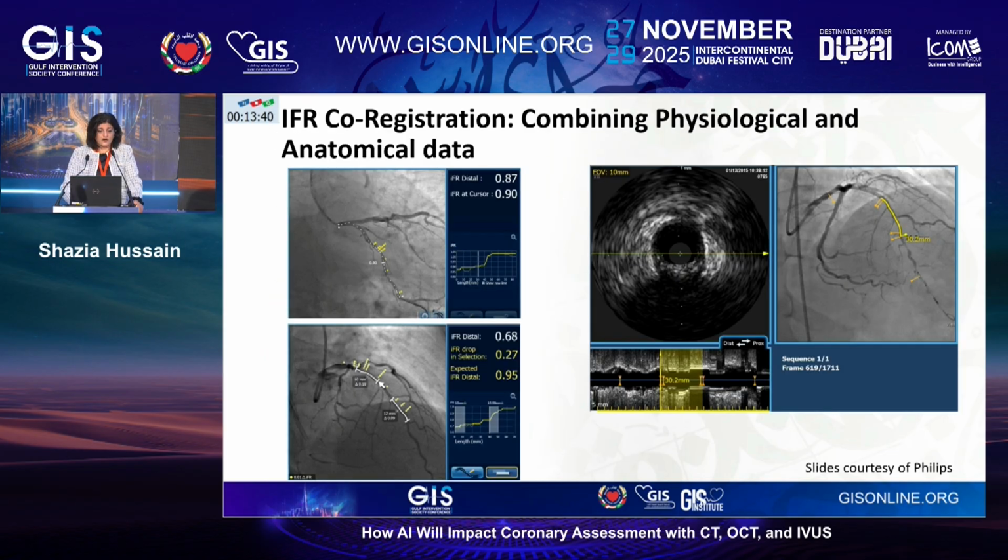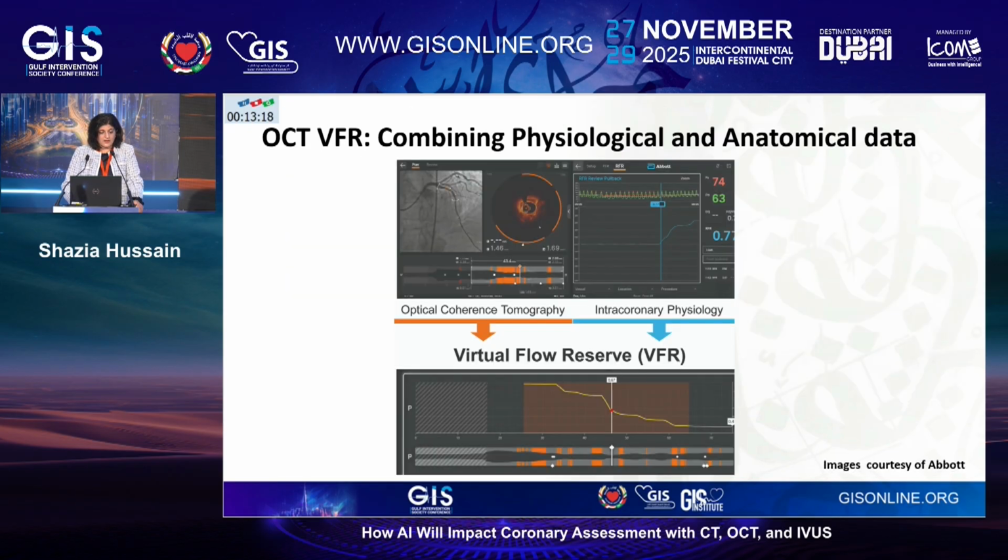And we have this already. So there is the iFR co-registration, which some may be familiar with, and that does combine functional information from the IVUS runs with iFR to tell you where the most significant lesion is, and again allow some estimation of stent size, etc. And going on from that, there are developments to allow functional assessment via AI-derived parameters from anatomical data with OCT as well.